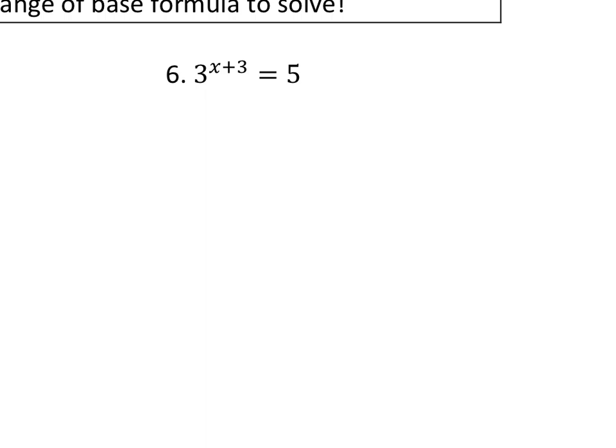If I were starting this one, I would first try to notice what the base is. The base is 3. Base never changes, which means this is going to be log with a base of 3. Woohoo! Then I have to loop it. Now remember, anything gets looped. Anything that's there, which means the big number that goes next to log should be the number 5, and that should be equal to the entire thing that was the exponent, x plus 3.